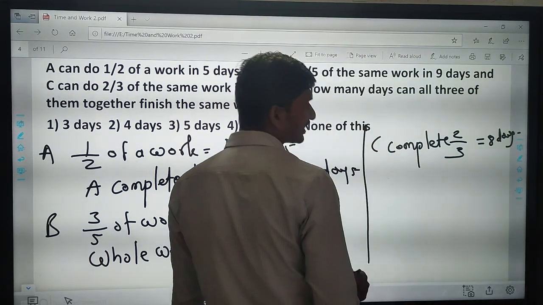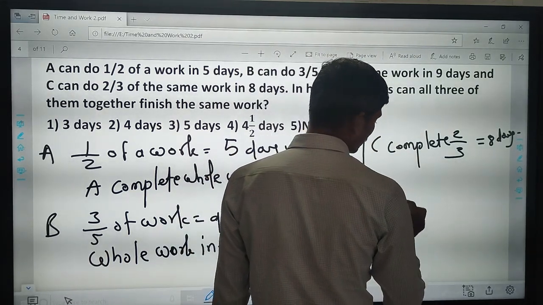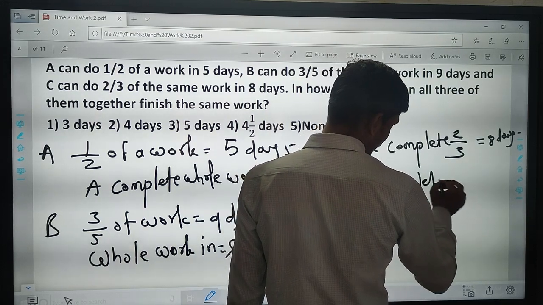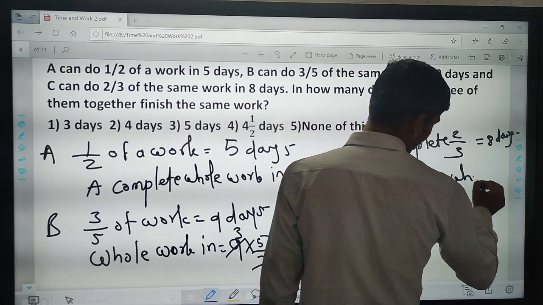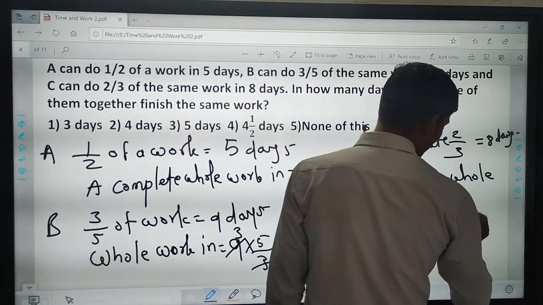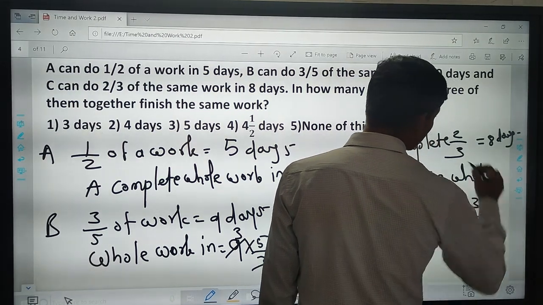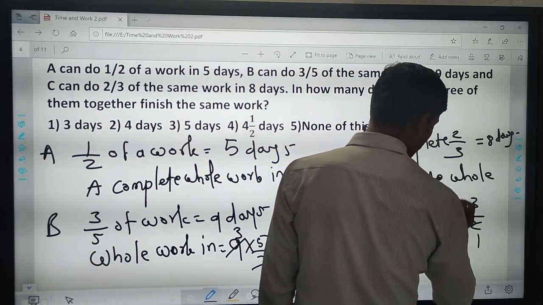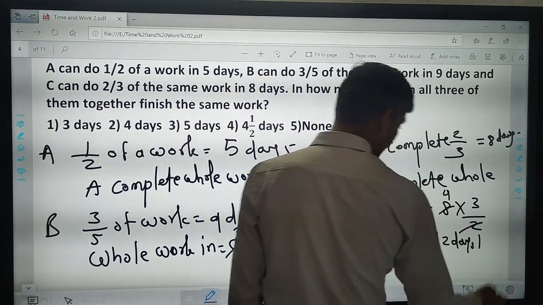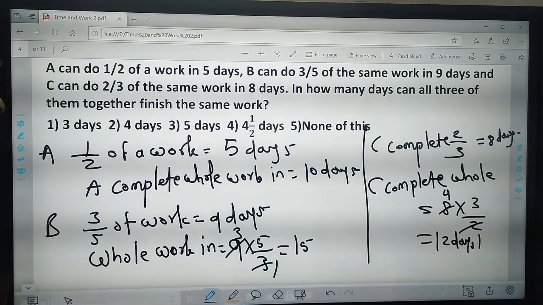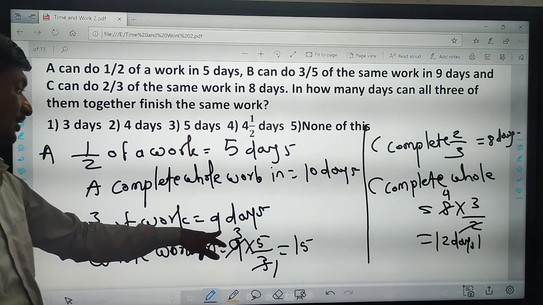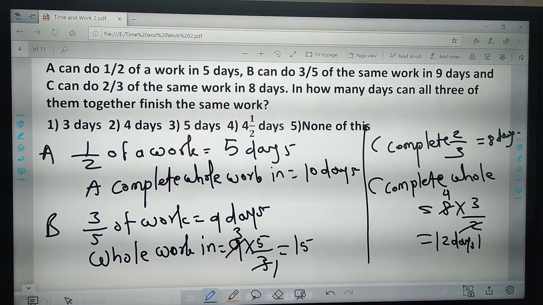Now C completes the whole work in 8 into 3/2, that is 12 days. C completes the whole work in 12 days. A completes the whole work in 10 days, B in 15 days and C in 12 days.